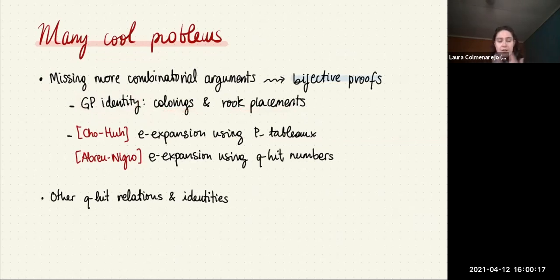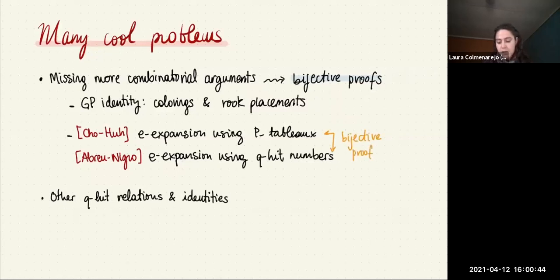Is there a way of actually going directly from the colorings into the rook placements? Can we do that? And the other one was the one done by Chow and Abreu-Nigro. They are both doing e-expansions, and one of them is using P-tableaux and the other one is using Q-hit numbers. Can we give a bijective proof to go from one to the other and the other way around?